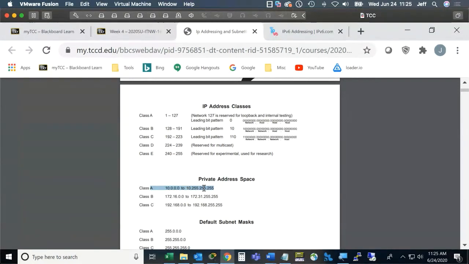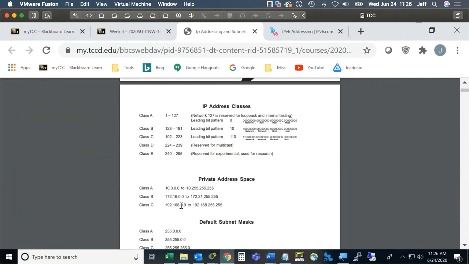In fact, a single network of that size probably really wouldn't work very well. Without having a router in between and controlling for broadcasts and stuff like that, it would be a nightmare. So we subnet these larger networks, and we can even subnet these smaller networks too, because in a lot of cases you don't need 256 numbers.